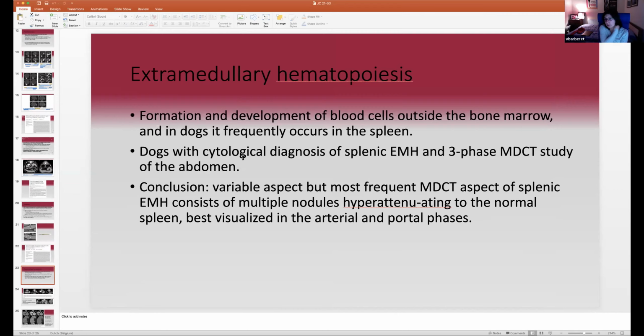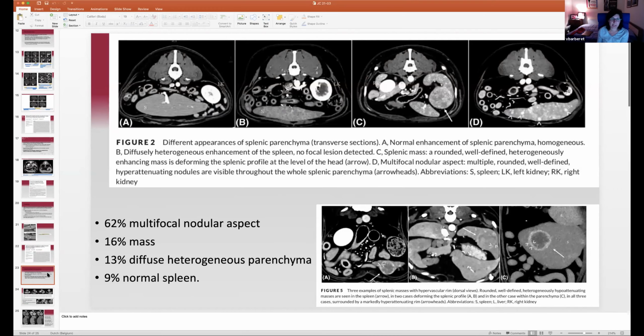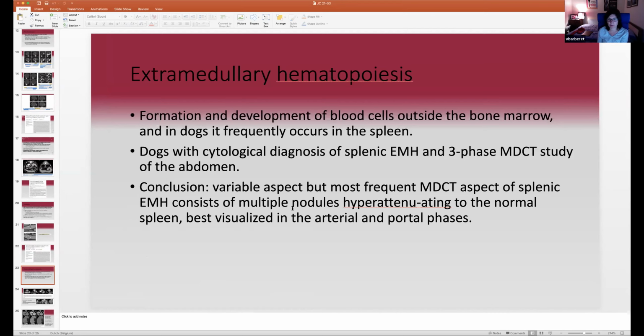They took dogs which all had a cytological diagnosis of extramedullary hematopoiesis and a 3-phase CT. They had a variable aspect again, but they thought the most frequent was multifocal nodules hyperattenuating to the rest of the spleen, seen in the earliest phases, arterial and portal.